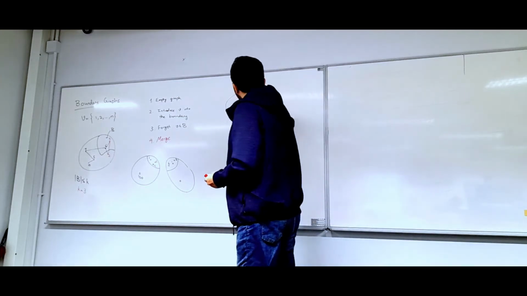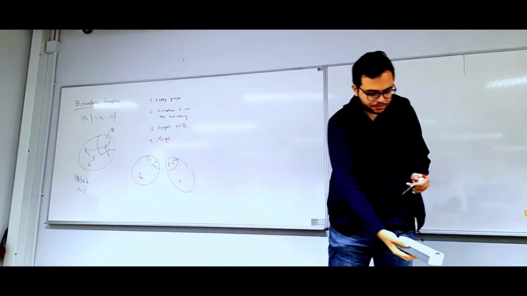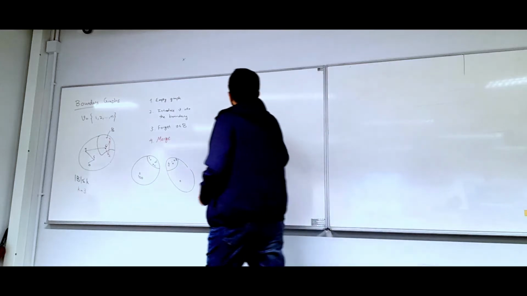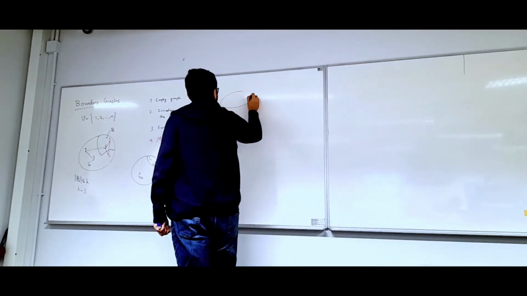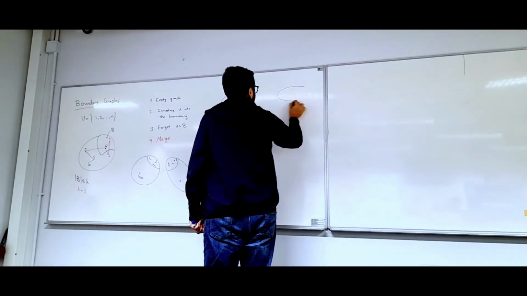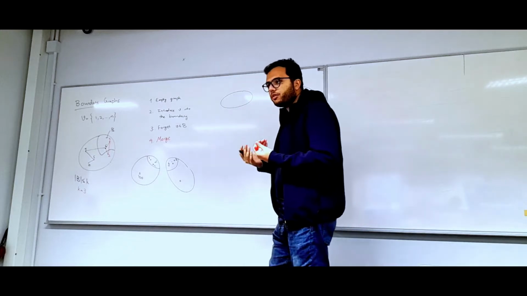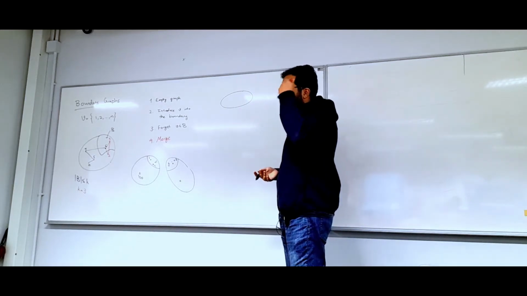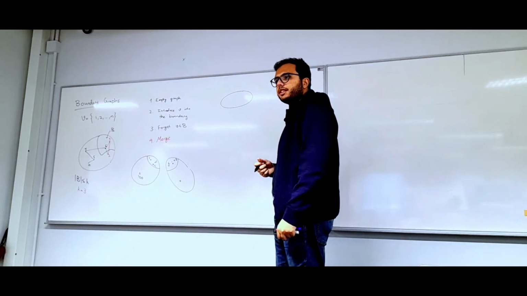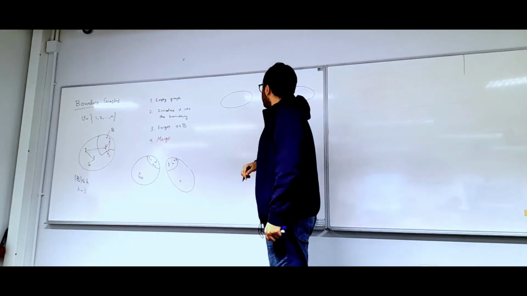So again, I'm going to do the same example. Let's say I have a boundary graph here, and I have a boundary graph here, and at some point I want to merge them, okay?